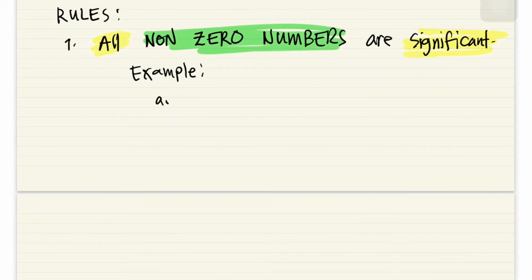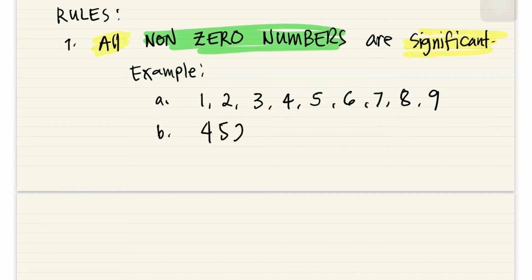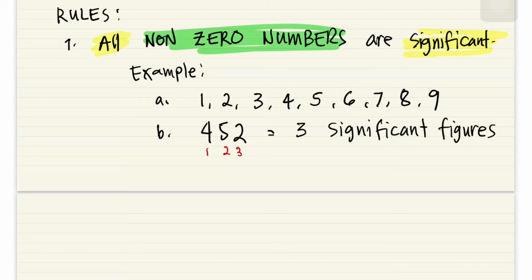Example 1 is 123456789. These are all significant figures, and there's no zero in it. Second example, 452. There's no zero in it, so there are 3 significant figures. Again, non-zero numbers are all significant.